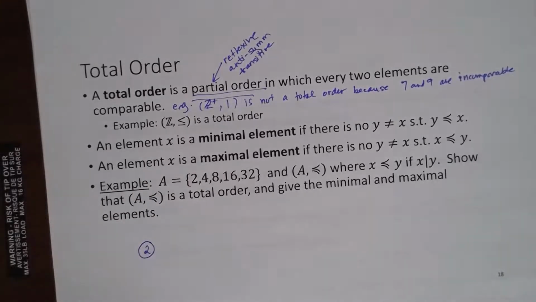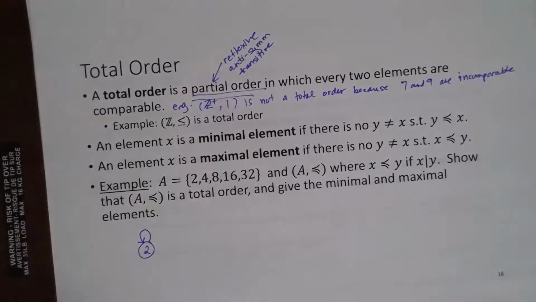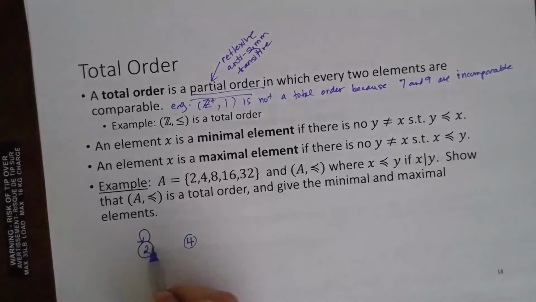So I'm going to put 2 in here, and I'm going to make a digraph for this one. We're just going to go through. Is 2 related to 4? Does 2 divide 4? Oh, let's do it to itself first, sorry. Does 2 divide itself? Yeah, so there would be a self loop on there. And does 2 divide 4? Yeah, so let me put 4 in here, and I'll put an edge.